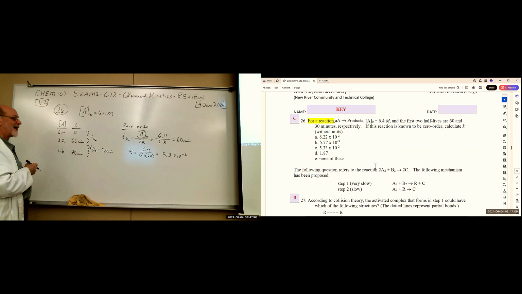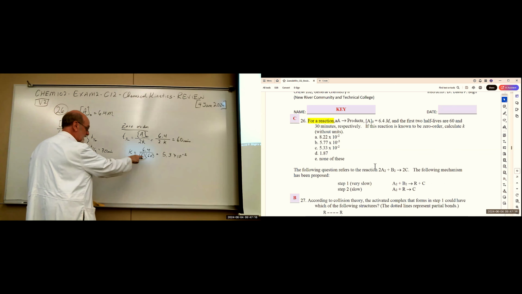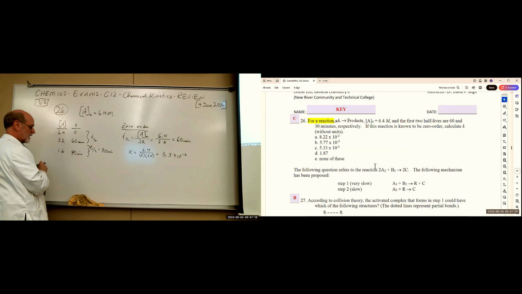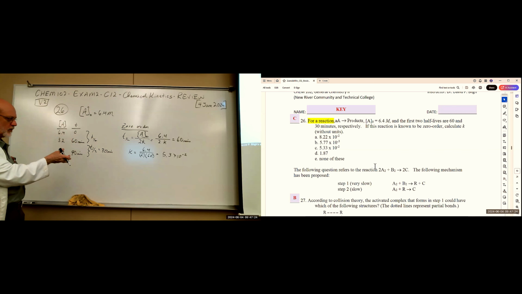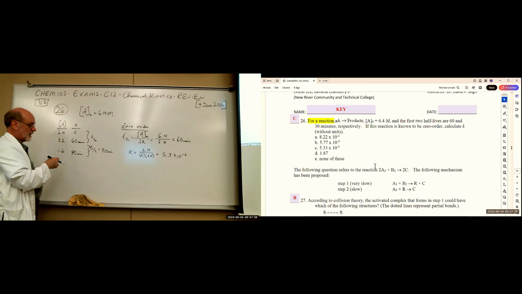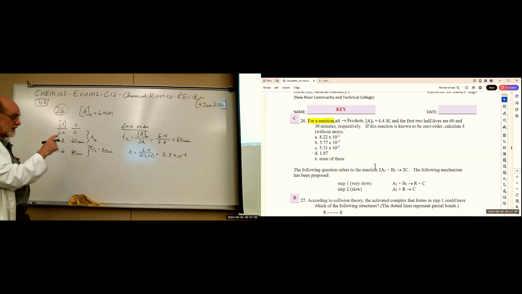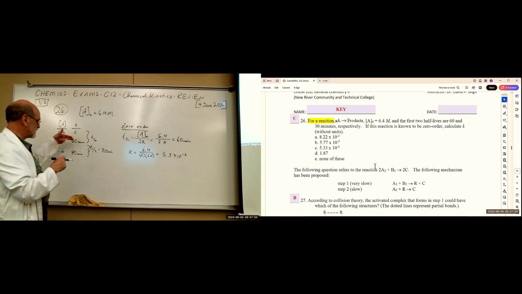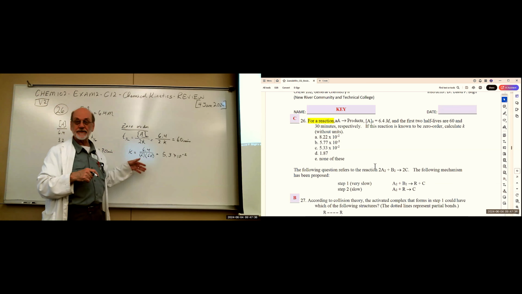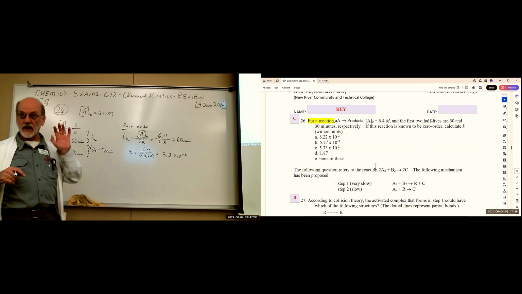Well, we find the K for this one, and then we take this one, do it again, find the K for this one. Since we know it's zero order, it should come out to 5.3 times 10 to the minus 2. But if that didn't work, right, K is a constant. If we calculate K from these two half-lives and we get different Ks, then we knew it's not zero order.